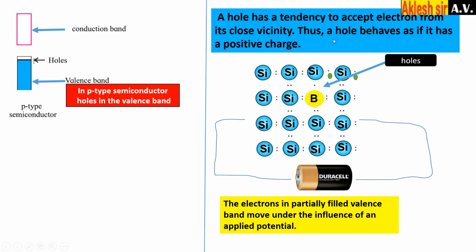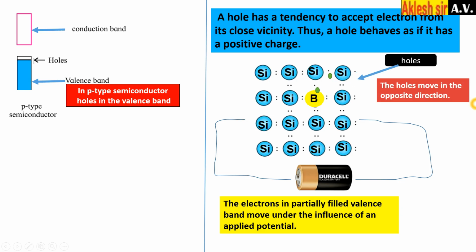Does the hole behave as if it is a positive charge? So what will happen under the influence of the potential? This electron is going to move, see, this electron is moving to the empty part, that is the positive hole, and another electron will then fill that hole. So now the hole is created on this side. In this way, now the hole is here.